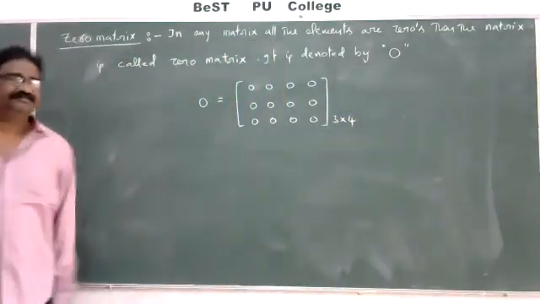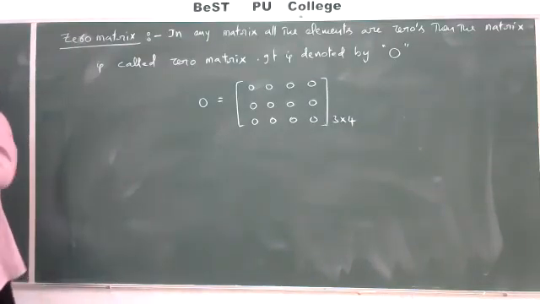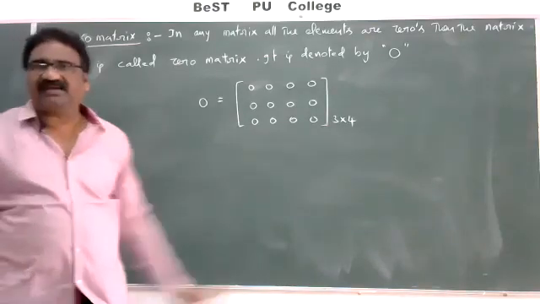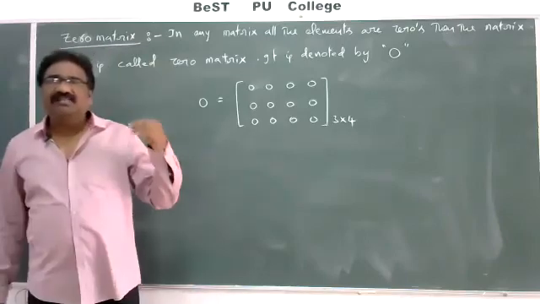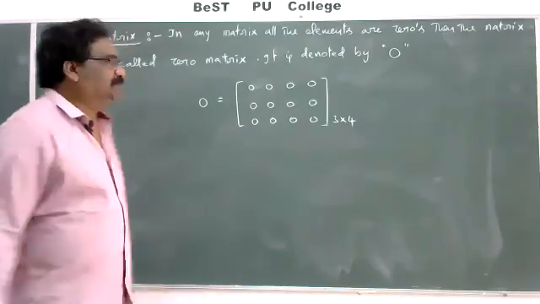Whether it is a square matrix or a rectangular matrix, if all the elements are zeros, then the matrix is called a zero matrix.